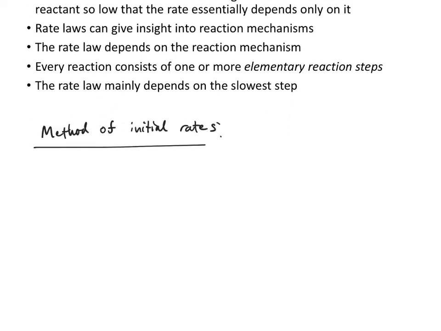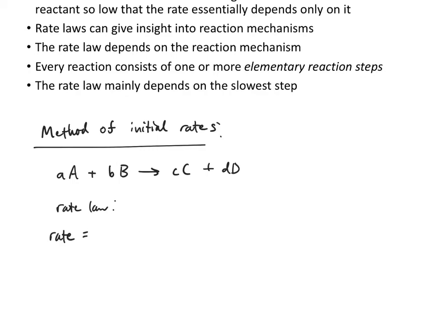So I'd like you to imagine the following chemical reaction. Little a moles of substance big A plus little b moles of substance big B reacts to form little c plus little d big D, like so. Okay, so now let's assume the following rate law.